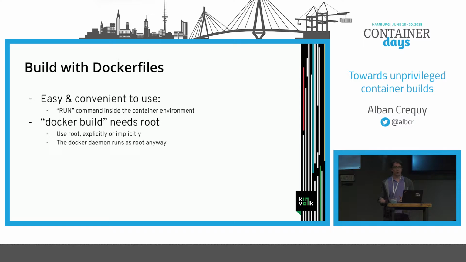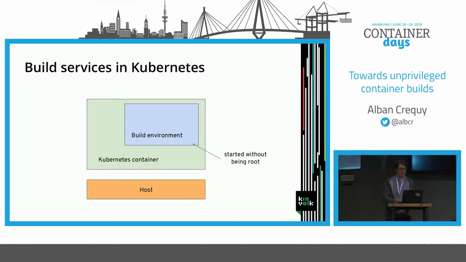When you use Docker build, it always needs root. It could be explicit if you run sudo, but even without sudo, it's implicitly run as root because it talks to the Docker socket and the Docker daemon runs as root. So I'm trying to go in a direction where we will not need to have things running as root to build container images.